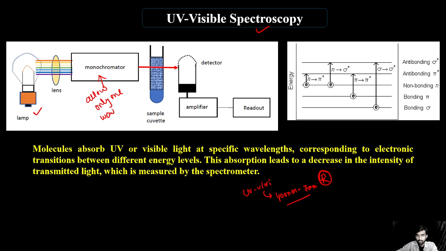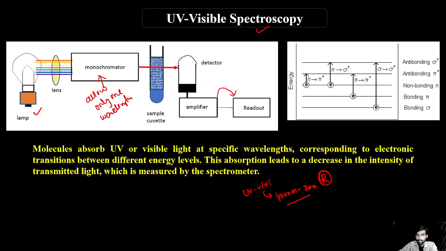And here some sample cuvette is there, and this wavelength will pass to the sample, and the sample will absorb some wavelength, and the rest of the wavelength will be transmitted, right? How much is absorbed will be detected by some detector, and then this detector will give some readout. That's the basic principle.